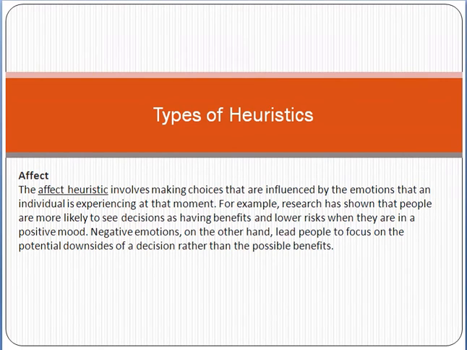Another example of heuristic is effect. What does it mean, friend? For example, research says that whenever we are in a successful mood or a positive mood, we go for positive decisions. However, if things are not good, if we are in a negative mood or negative things are happening, we go for negative decisions.